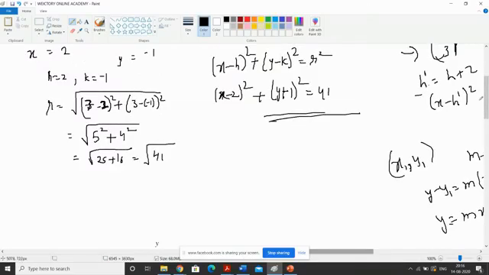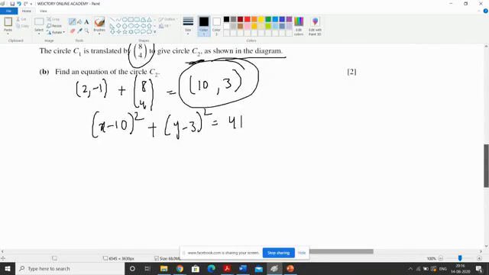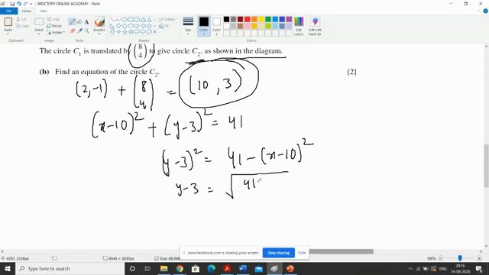As we are trying to find the intersection point, you can frame it as (y - 3) squared equals 41 minus (x - 10) squared. So y will be the square root of 41 minus (x - 10) squared, plus 3.